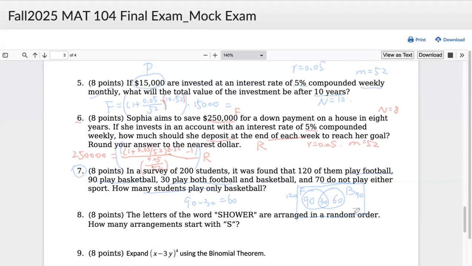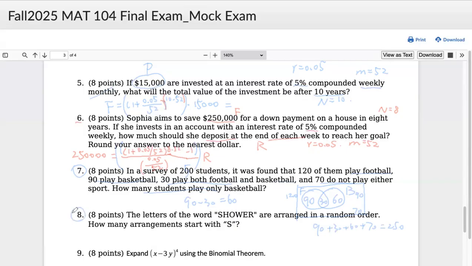Then there's 70 who do not play any of those. So 90 plus 30 plus 60 plus 70 should be the sample space size, which is 250. So this number is wrong, this should be 250. But for this question itself, you don't really need to draw this Venn diagram. You just use 90 minus 30.